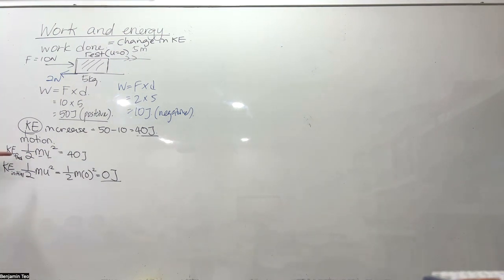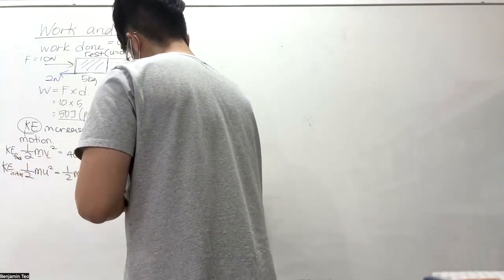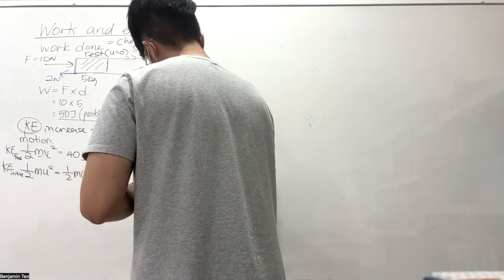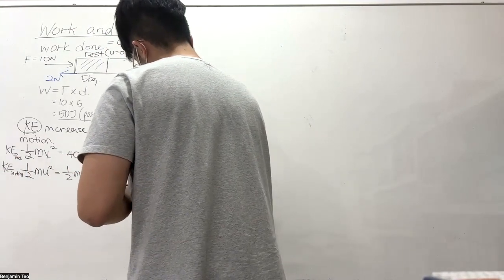Okay. Now we got the final kinetic energy. Then we can calculate from this equation what is our final speed of the object. Half mv squared equals 40. Half mv squared equals 40.